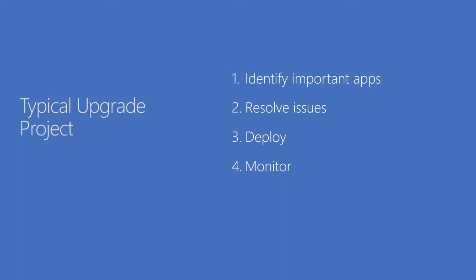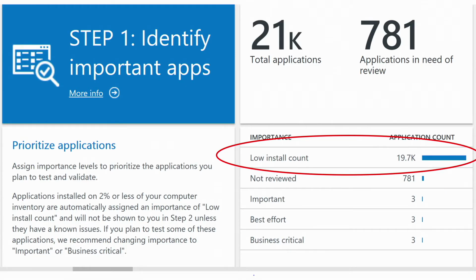Step number 2, you figure out what the issues are with those apps and moving to Windows 10 or any other target build, and you resolve those issues. Step number 3, you deploy Windows 10 on those devices. And once you have deployed, step number 4, you monitor the health of your ecosystem. So this is typically what IT admins do when they do an upgrade project. And let's see how Windows Analytics helps with those steps, step 1, 2, 3, and 4, in these visualizations.